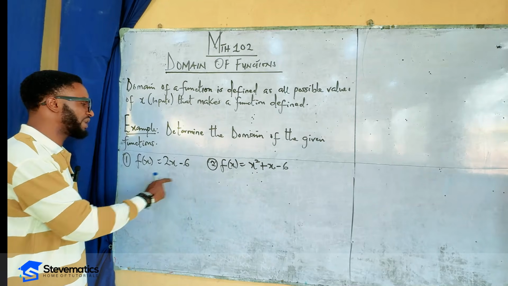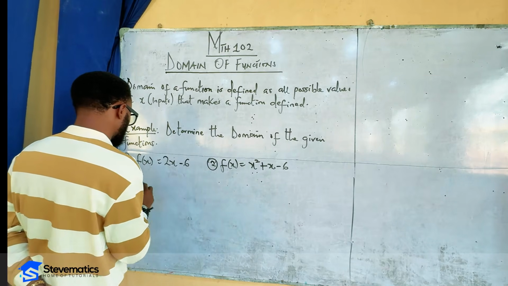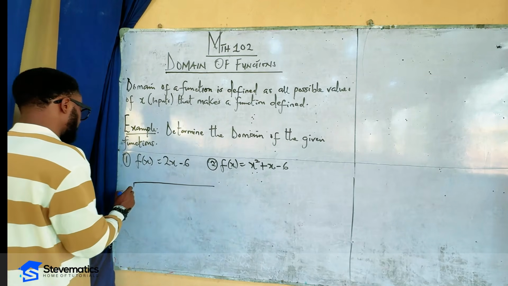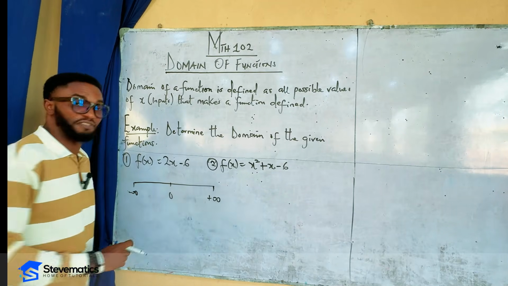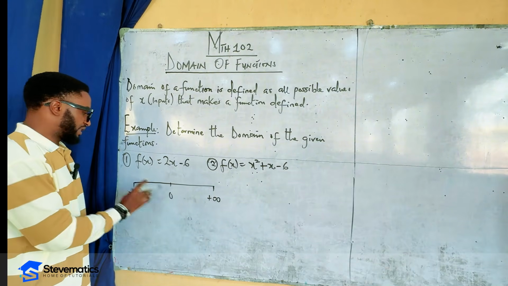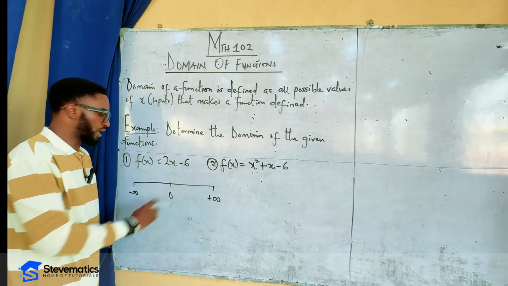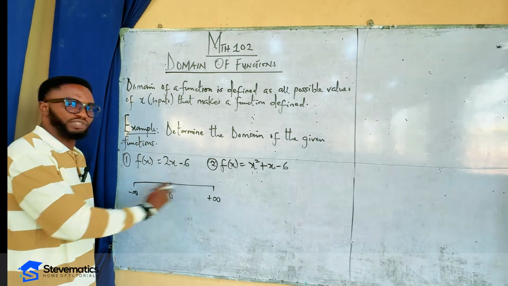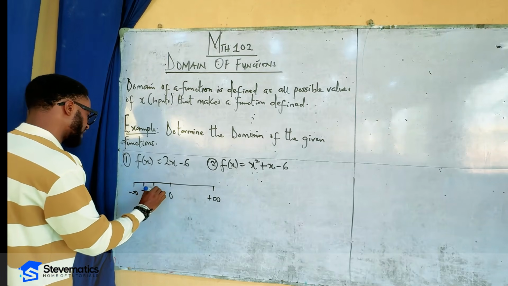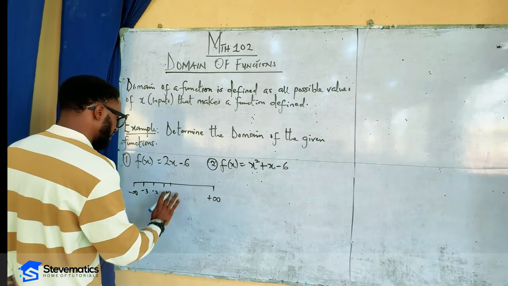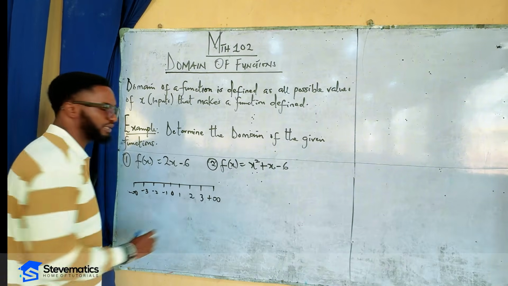How do you determine the domain of this function now? Like I said, this is your number line system from negative infinity, 0, to positive infinity. Now, these parts here are all negative real numbers and positive real numbers. When you pick from this region, let's assume we have here minus 3, minus 2, minus 1, and we have 1, 2, and 3.